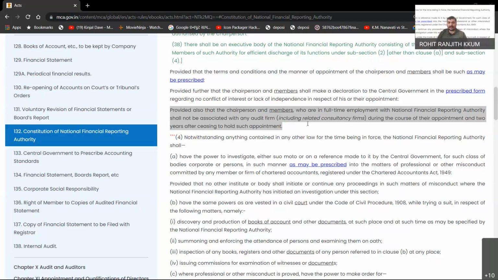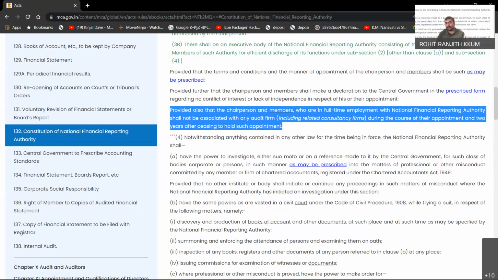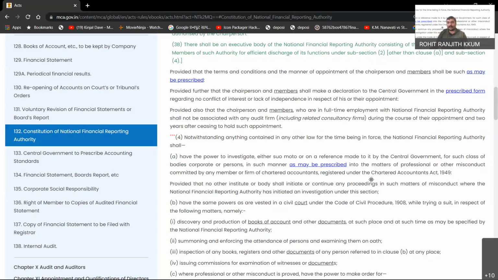They cannot be associated with any audit firm. They cannot be partner, they cannot be consultant, they cannot be an employee. Students, this section is very wide.